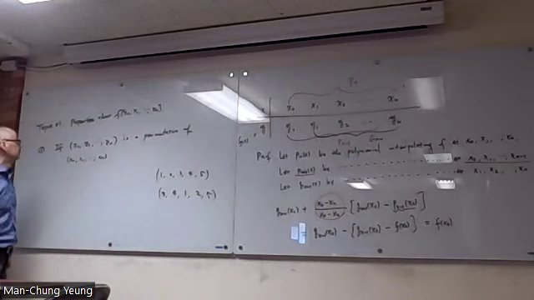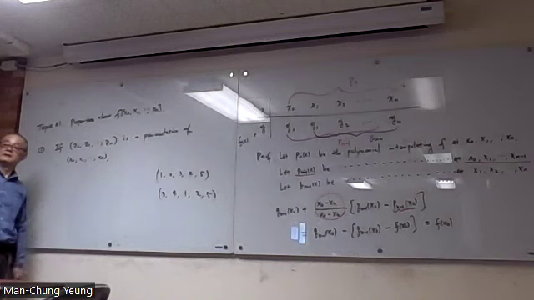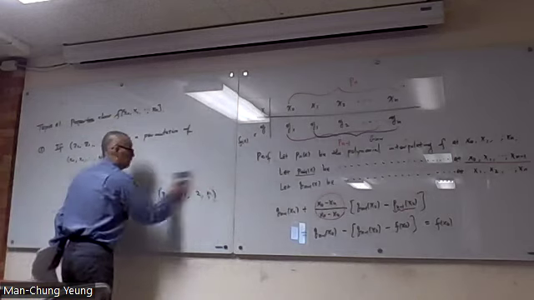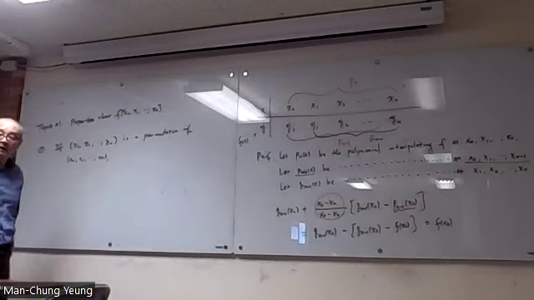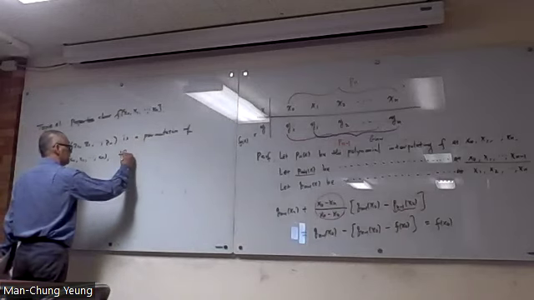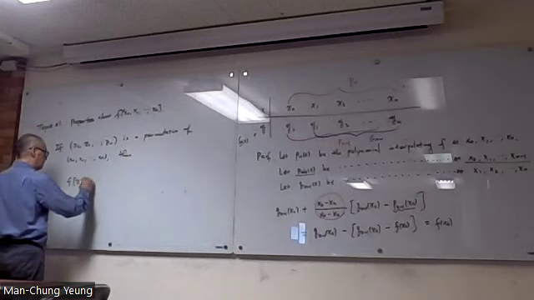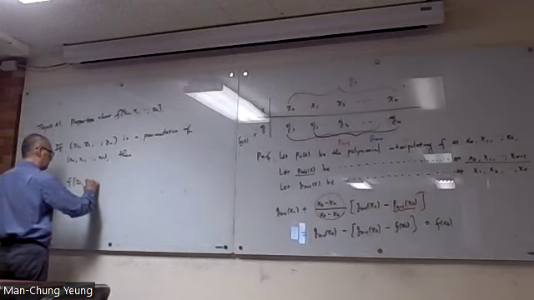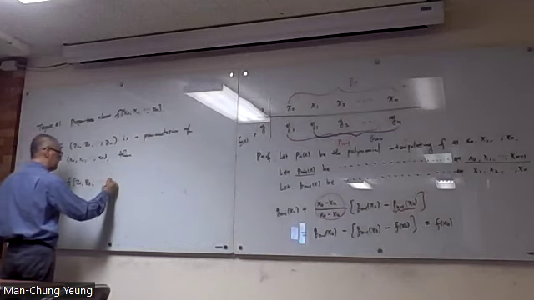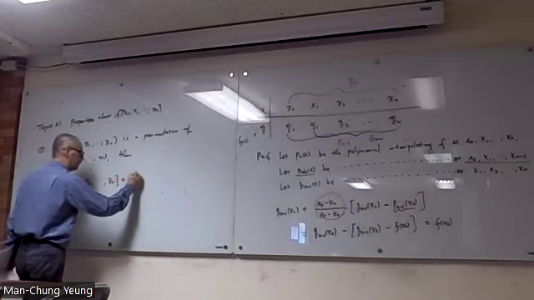It turns out that permuting x0, x1, ..., xn doesn't change the value of the divided difference. If C0, C1, ..., Cn is a permutation, the value doesn't change.